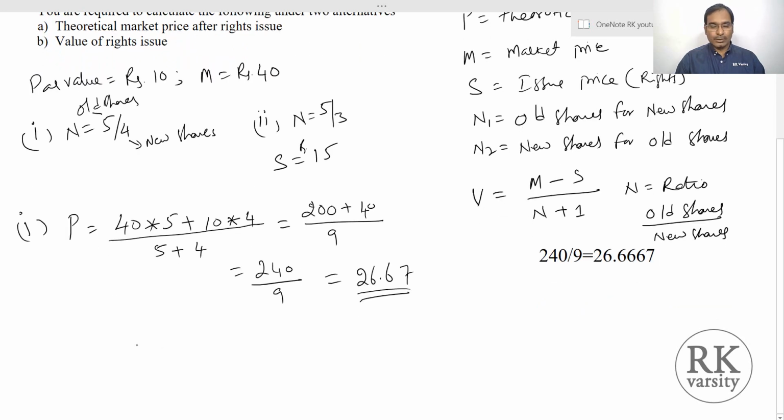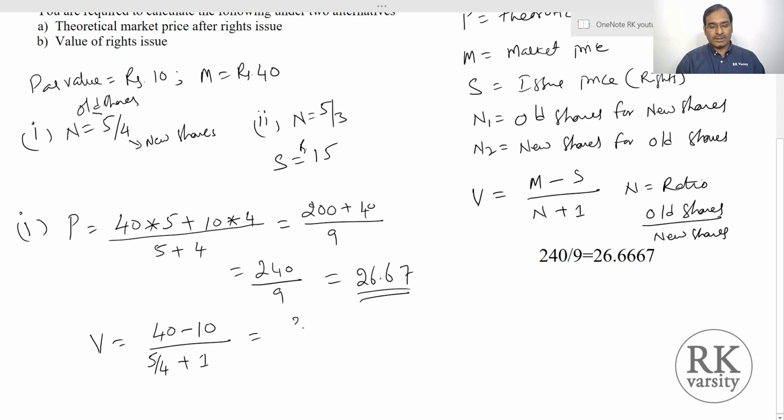And then the value of rights issue equals the market price 40 minus the rights issue price, which is par value, that is 10, upon N, that is the ratio between old shares and new shares. Old shares are 5 and new shares are 4, plus 1.